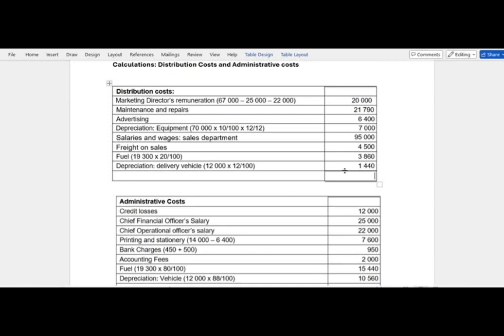21,760, plus 6,400, plus 7,000, plus 95,000, plus 4,500, plus 3,860, plus 1,440.